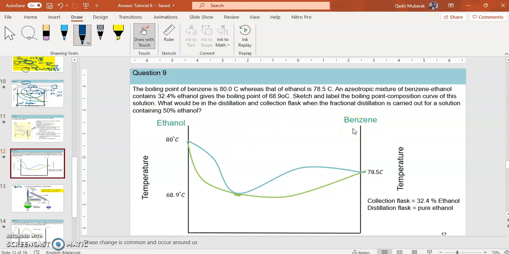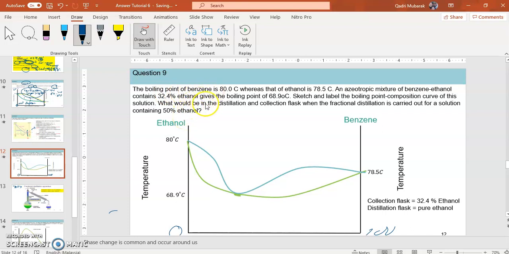So first we need to sketch this graph. We have one x-axis and two y-axes, and this indicates ethanol, and this one is benzene. Here is the mole fraction, towards this one is the mole fraction of benzene from 0 to 100. So we sketch the boiling point of benzene.